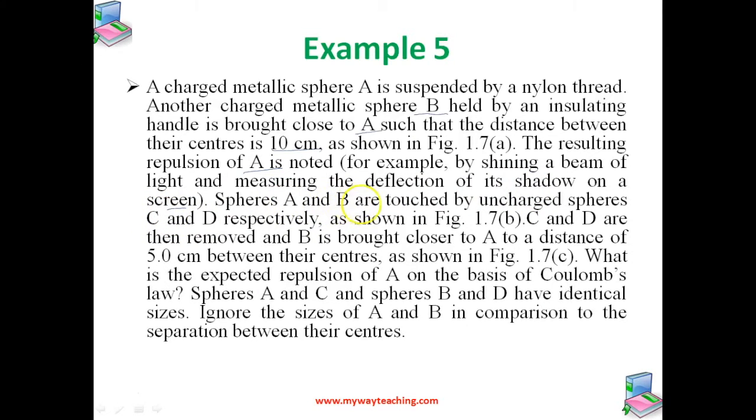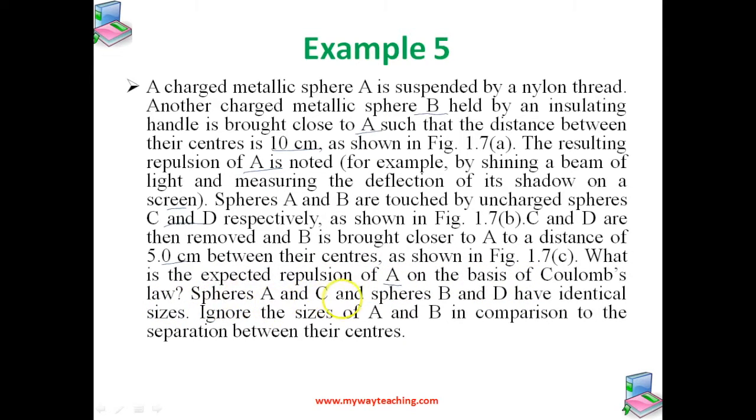Spheres A and B are touched by uncharged spheres C and D, respectively. C and D are then removed and B is brought closer to A to a distance of 5 cm between their centers. So what is the expected repulsion of A on the basis of Coulomb's law?